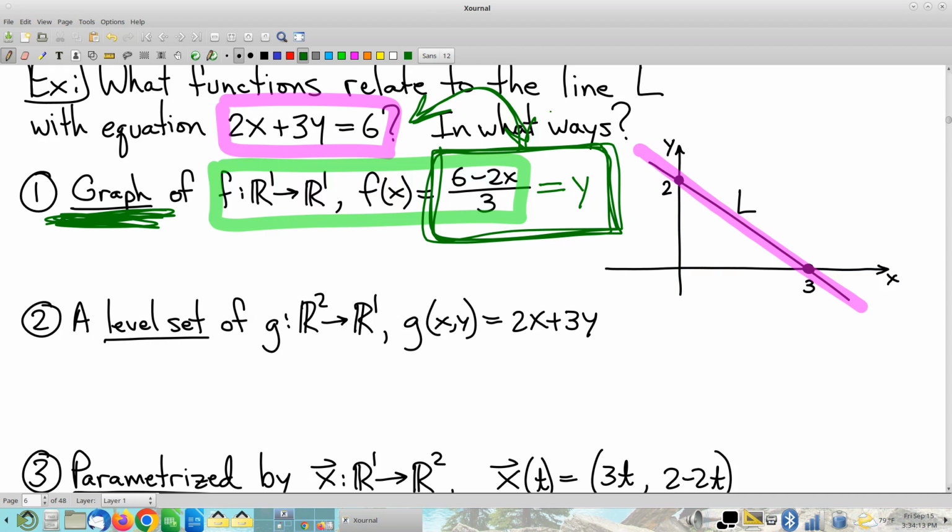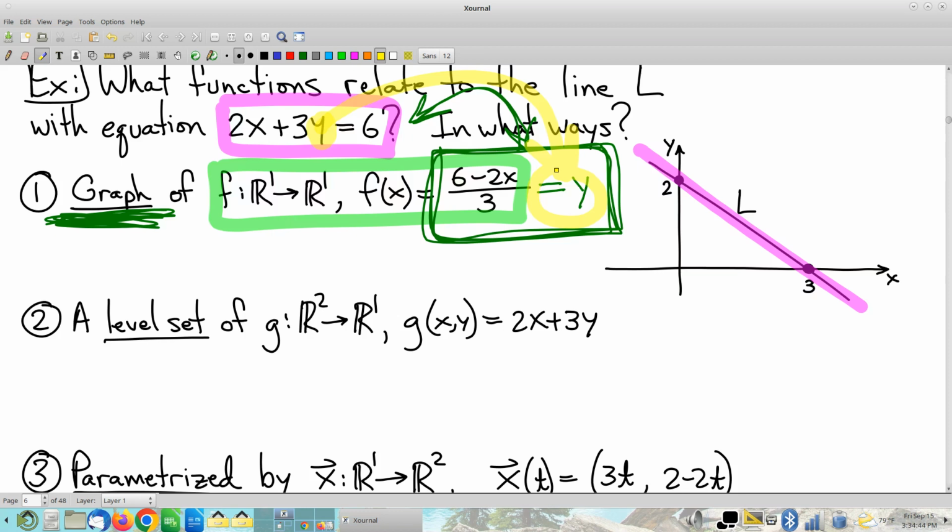Given this function, I set the value equal to y and then do a little algebra. Working backwards, this y, apparently I just need to solve for it. And it's as simple as that. In this equation, solve for y, that gives you the function whose graph is your curve. Everybody with me?